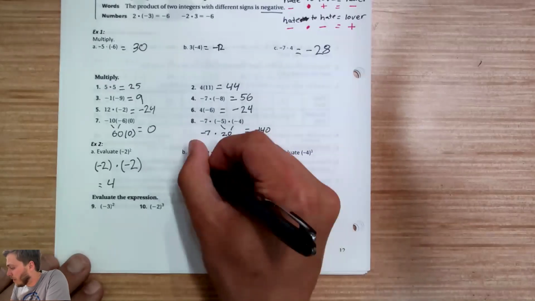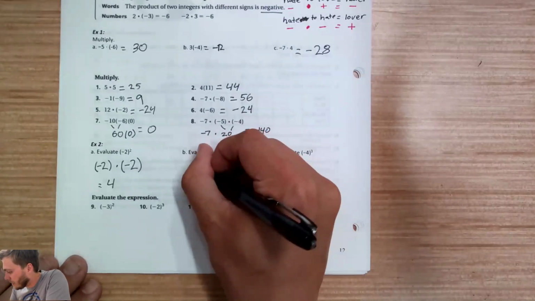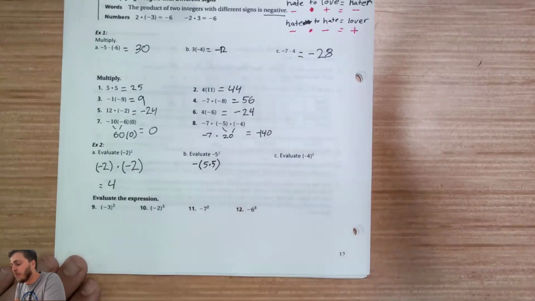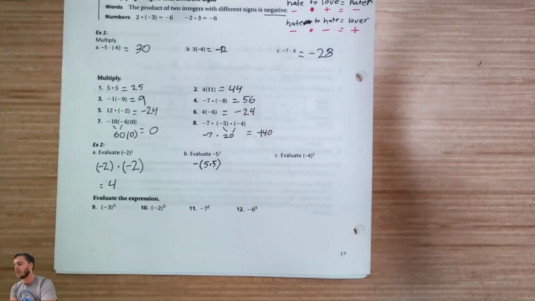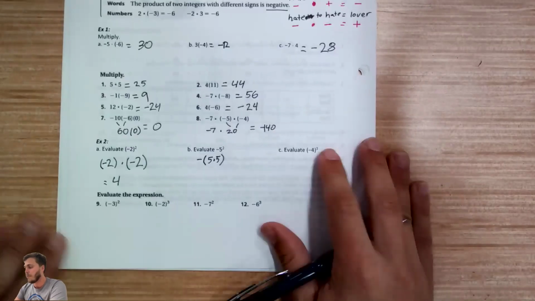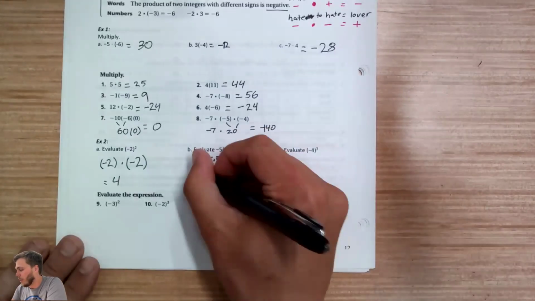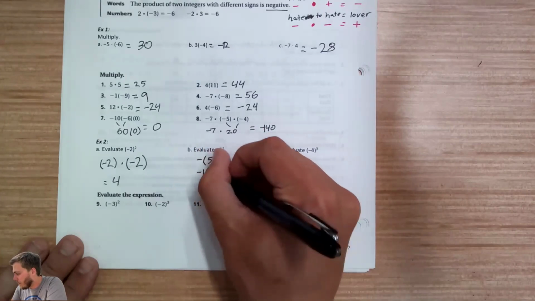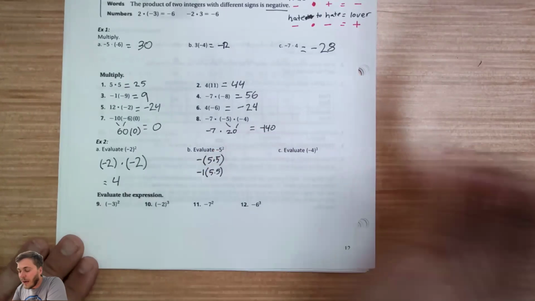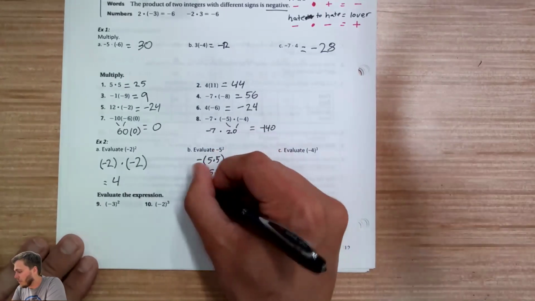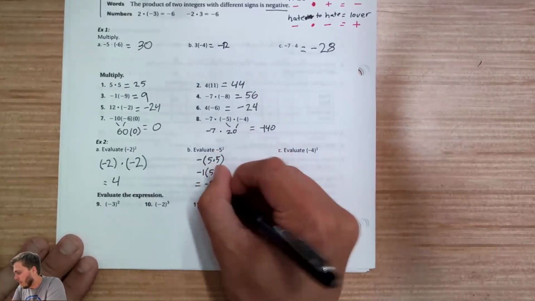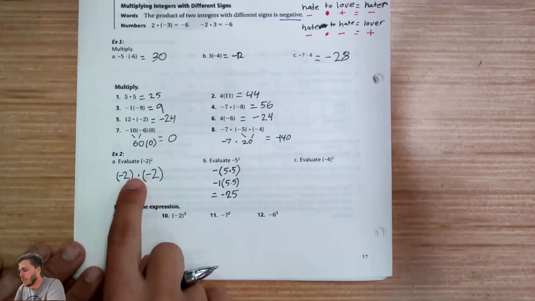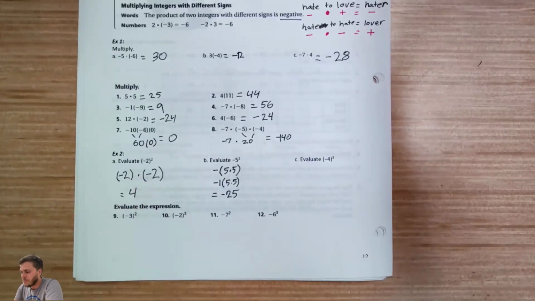So we can look at this as negative 5 times 5, because that second power is just attached to the 5. The negative is not there. So we basically have negative 1 times 5 times 5. 5 times 5 gives us 25. This equals negative 25.